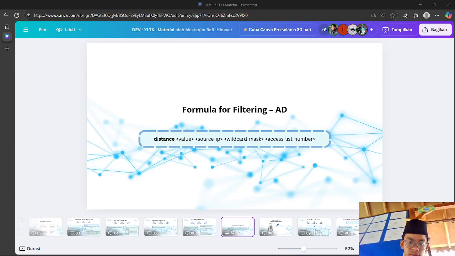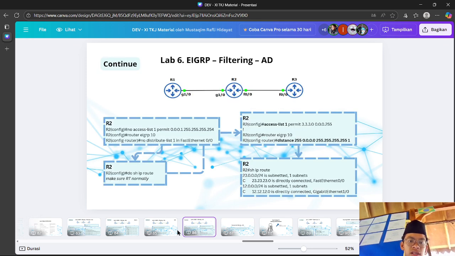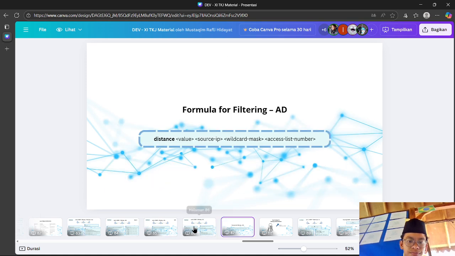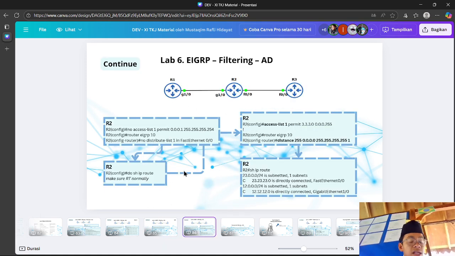So we still continue in router 6 first. This is the configuration in lab 6: access-list 1, then distance, then when you show ip route in router 2 you find this.